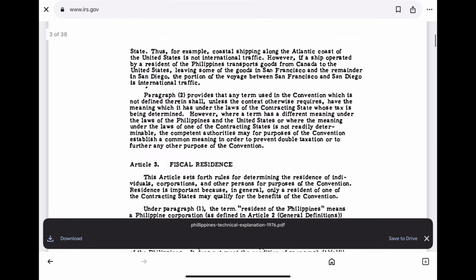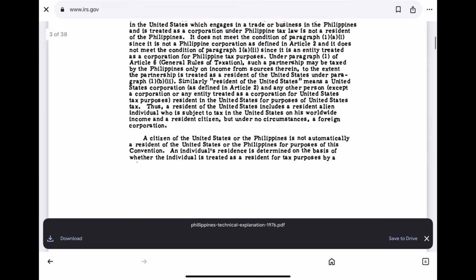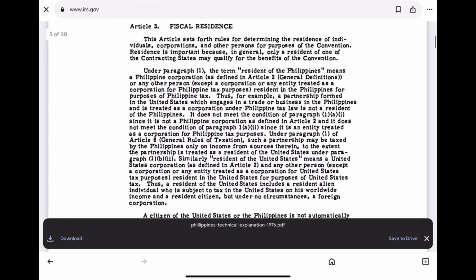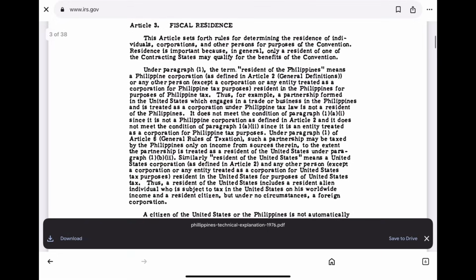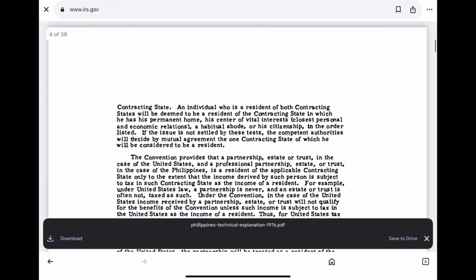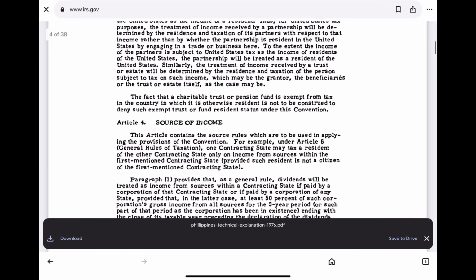So this treaty between the US and the Philippines serves as an agreement between the two countries to determine taxation of income from both countries and the legal right to tax according to their respective laws. So there are a lot of topics in this treaty, including the avoidance of double taxation, residency requirement, and the taxation of various forms of income.